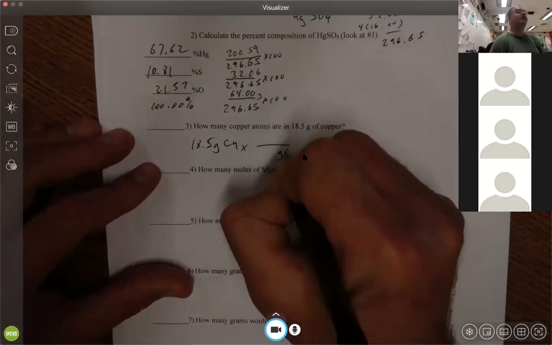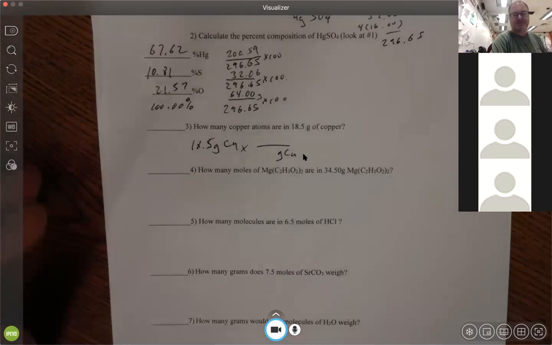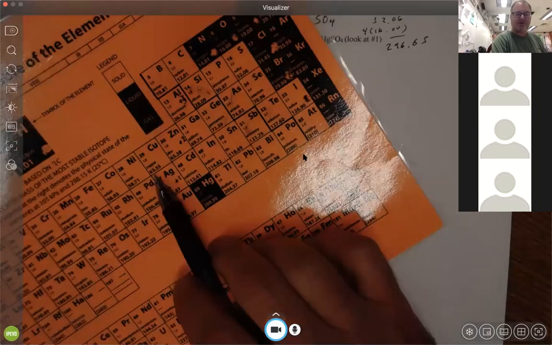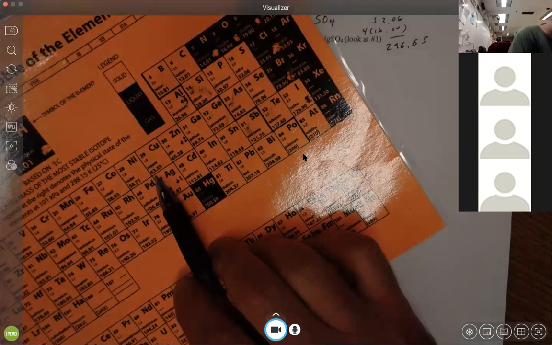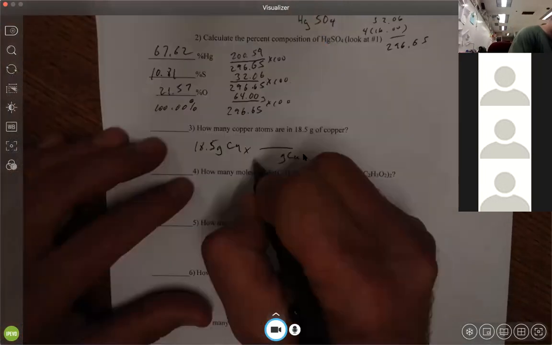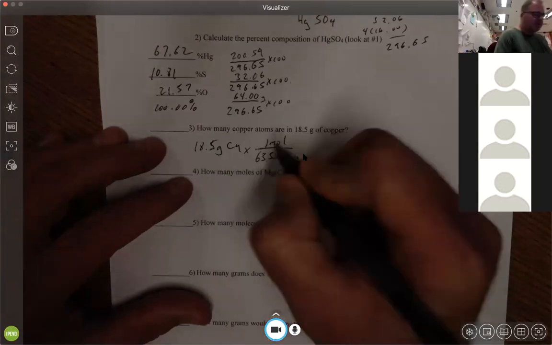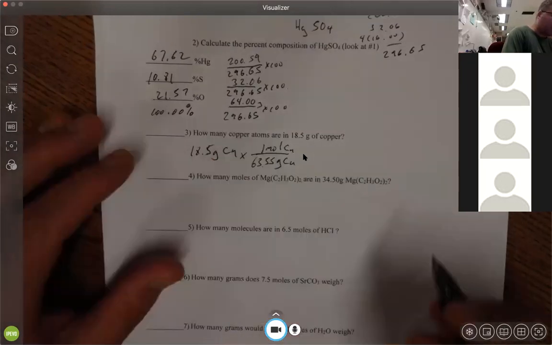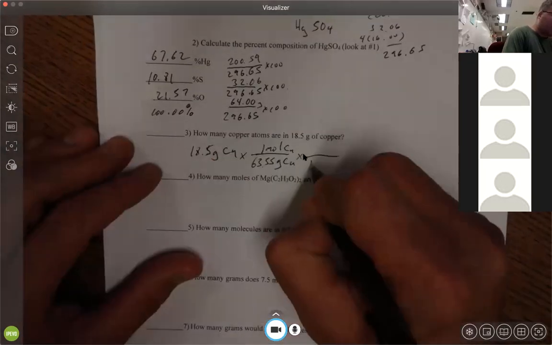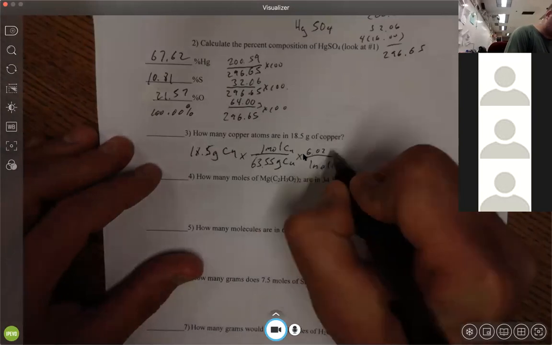And from the periodic table of elements, every 63.55 grams of copper is 1 mole. They don't want moles of copper, they want atoms of copper. That's no problem. Because every 1 mole of copper is 6.02 times 10 to the 23rd atoms of copper.